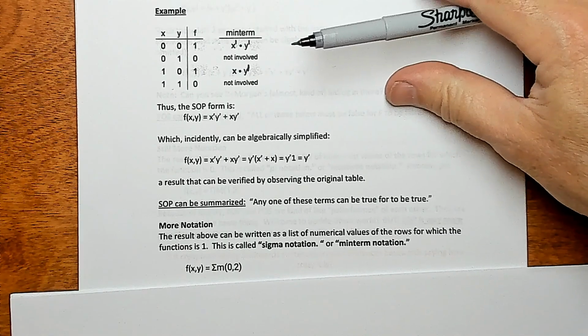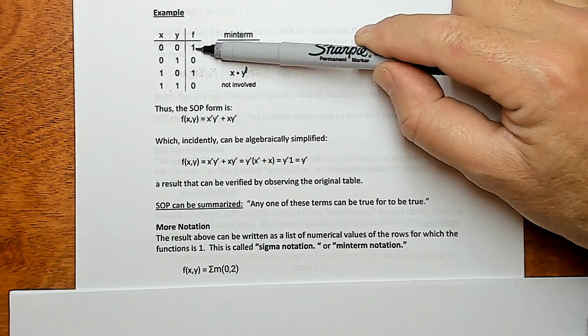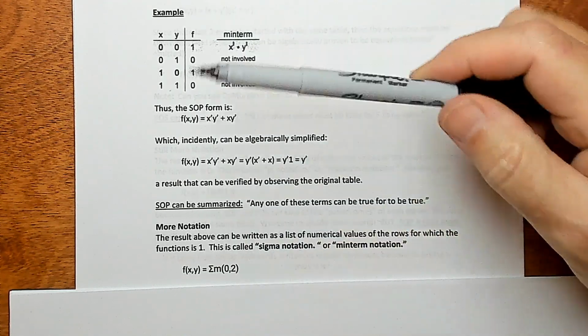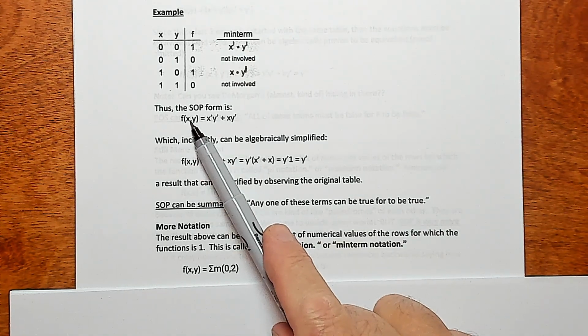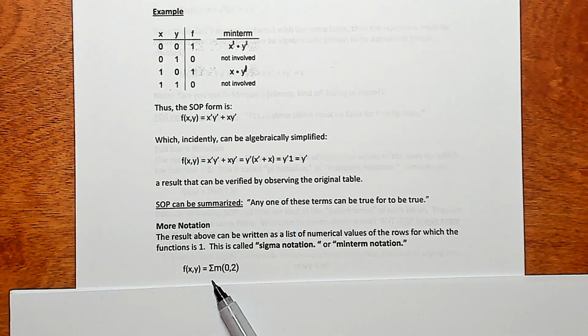This is a good place to introduce something called sigma notation. For sum of products, we're interested in the rows where f is 1. So we have a notation for that. This same f, a function of x, y, given by this equation, can also be represented down here. We're saying f, the function f, which has inputs x and y, is given by the sum of the min terms on rows 0 and 1.